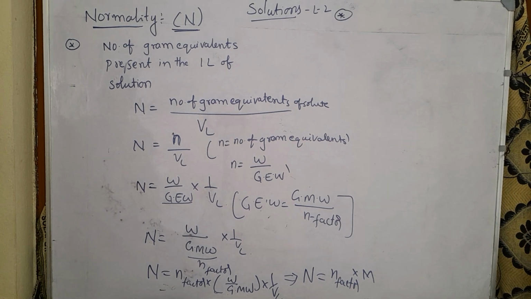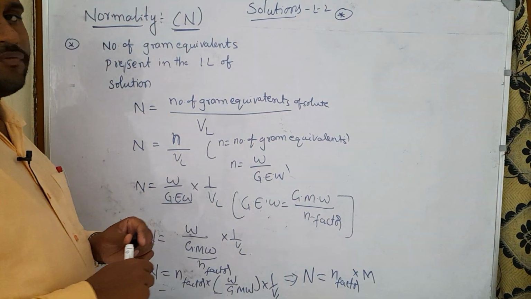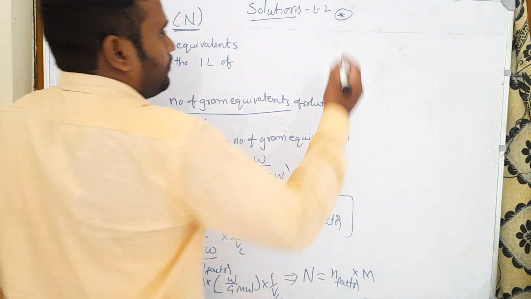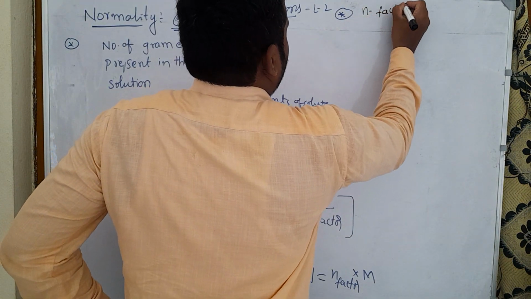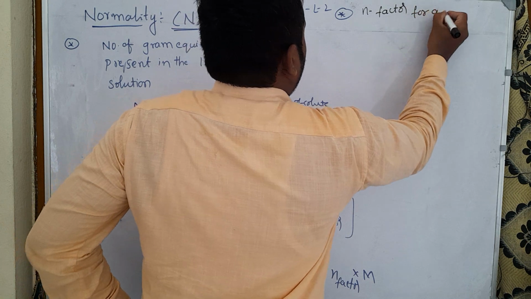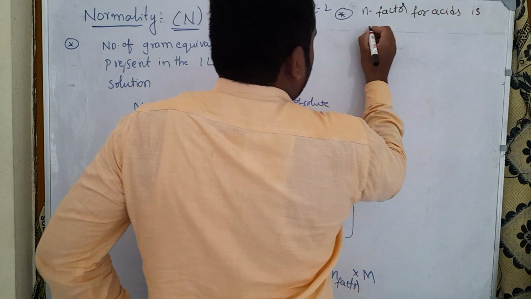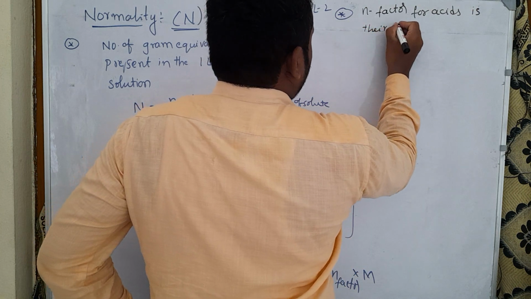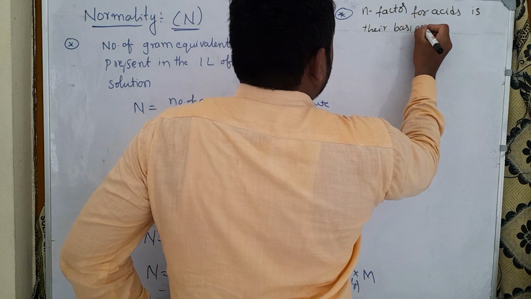So now let us discuss N factor. N factor is different for different types of substances. For example, N factor for acids is their basicity.